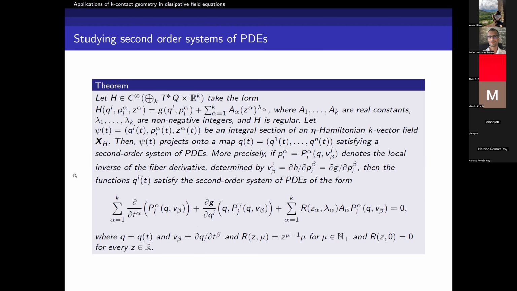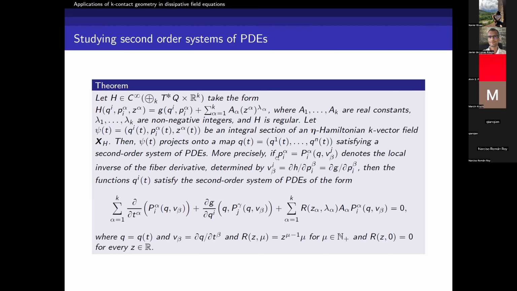Okay, and now a pretty important theorem. If we have a pretty concrete Hamiltonian that is also regular, and we take some integral section of some k-vector field, then the integral section projects onto a map that satisfies a second order system of partial differential equations.